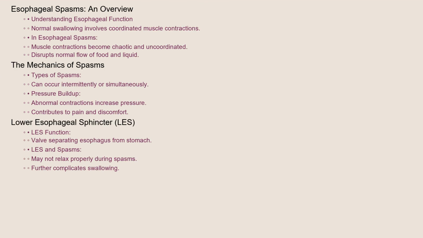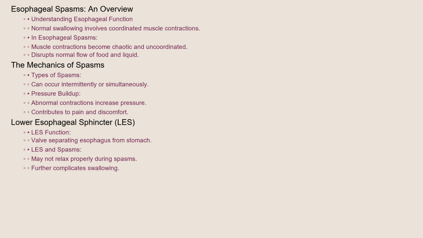To understand esophageal spasms, we need to peek into the inner workings of your esophagus. Normally, when you swallow, the muscles of your esophagus contract in a smooth, coordinated wave, pushing food down towards your stomach. In esophageal spasms, this coordinated pattern goes haywire. The muscles may contract forcefully and chaotically, like a disorganized orchestra.